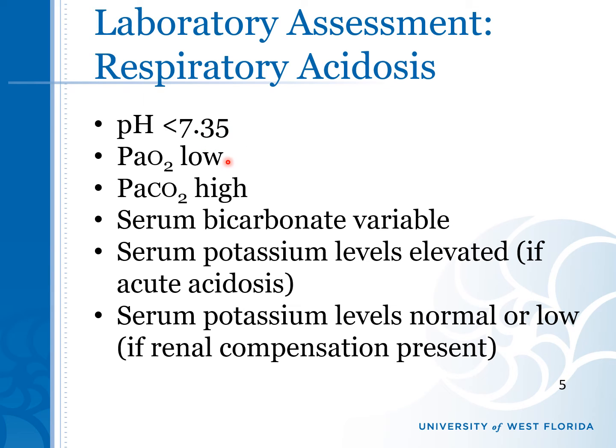You're going to see that the person is hypoxic. If you remember, on metabolic acidosis, they're probably not going to be hypoxic at all. For respiratory acidosis, yes. Listen to me, I'm saying yes. So that is a yes. Their CO2, it's going to be greater than 45. We're going to see it up there because it's being retained. It can't get out of the body for one reason or the other.